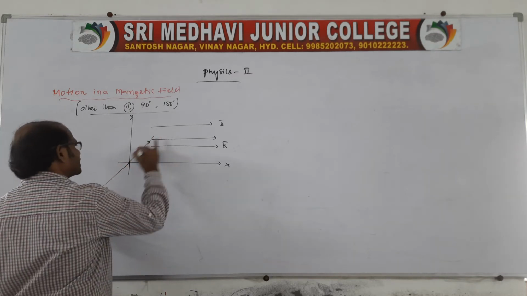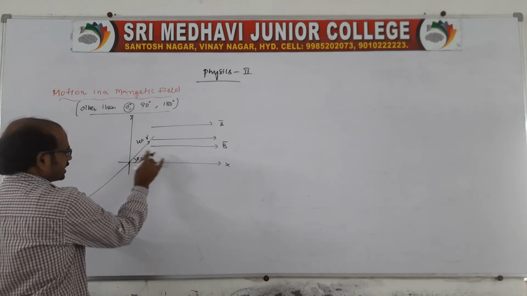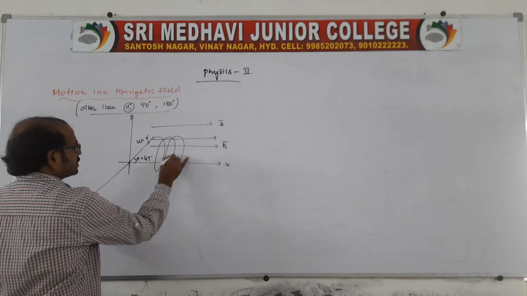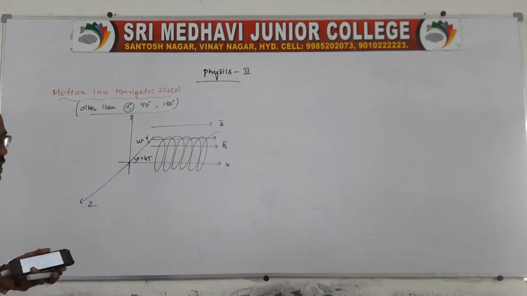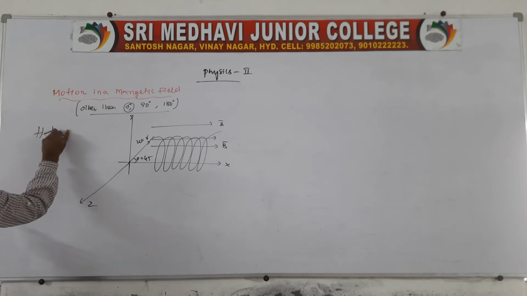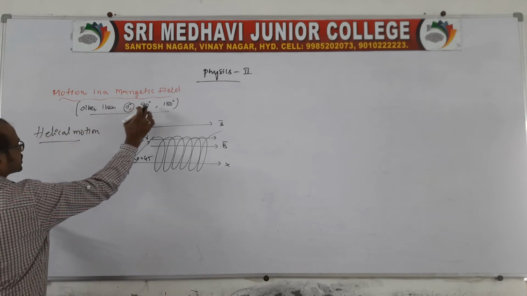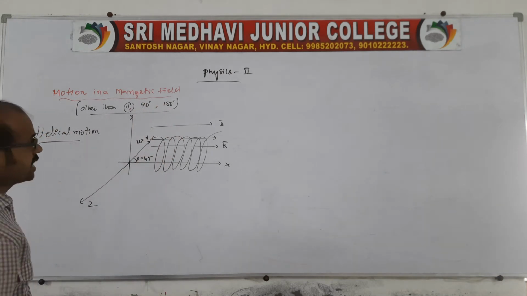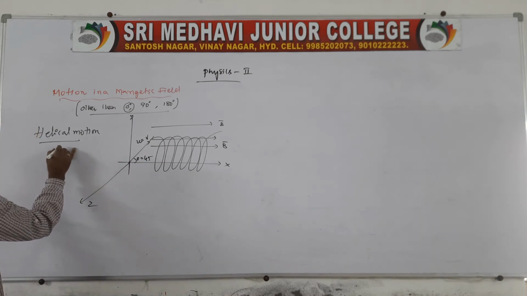That means if the particle enters with a velocity v at an angle theta equal to 45 degrees, the path of the particle will go like this. The path will be like a spiral, which we can also call helical motion. When the particle enters at an angle other than 0, 90 and 180 degrees, the path of the particle will be helical motion, and we can call the path a helix.